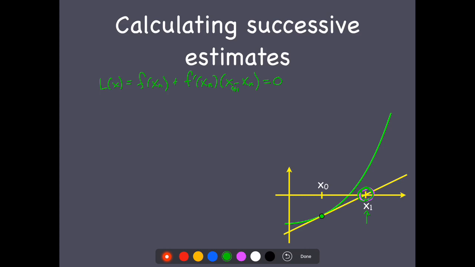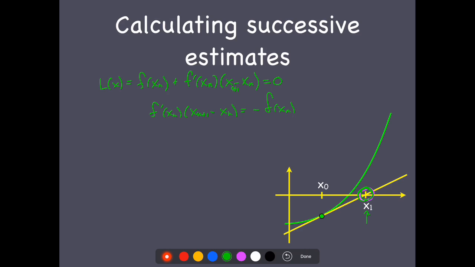And now we want to solve for xn plus 1 if we know what xn is. First thing we do is subtract f of xn from both sides. So we have f prime of xn times xn plus 1 minus xn is equal to minus f of xn. And I'm going to emphasize throughout here, we might never ask you on a midterm or a final exam to derive this formula, but if you're just memorizing the formula without understanding where it comes from, you're going to be susceptible to making small errors like getting the plus or minus sign incorrect or having the wrong thing in the numerator or the denominator.